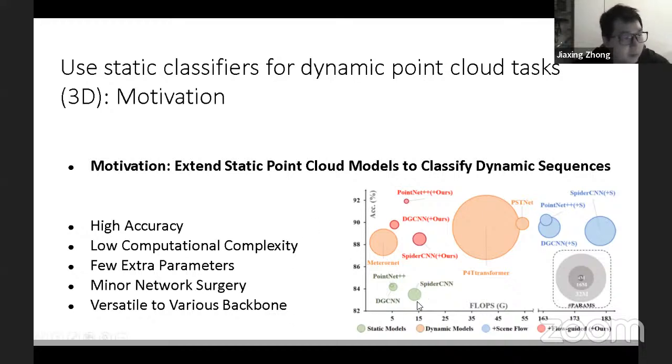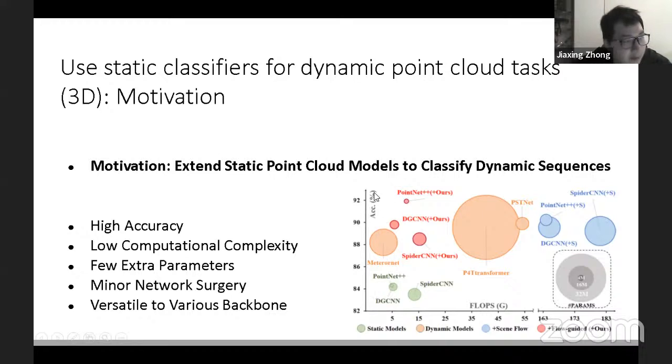From this figure, we know that they have a very small computational overhead, a small number of FLOPs, and a small number of parameters. However, if we directly use the static model in this dynamic task, we will have poor performance like this. We have a very low accuracy.